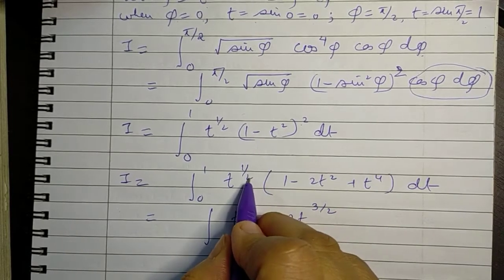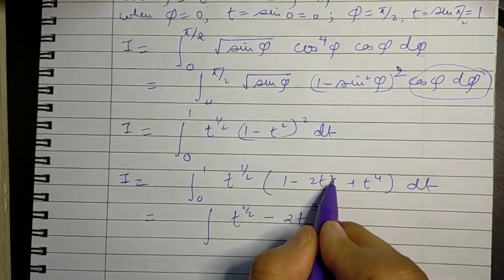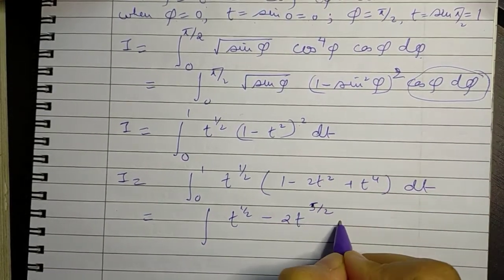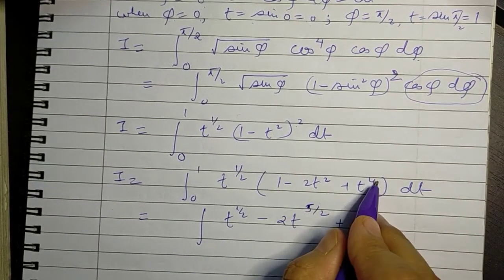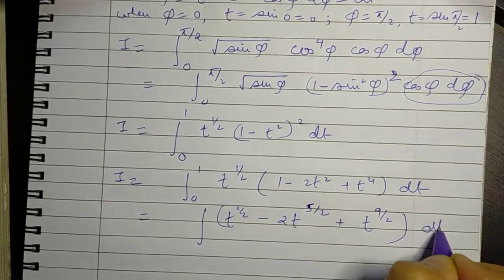No, half into t raised to half into t raised to 2, so that is 4 plus 1, 5 by 2, plus t raised to half plus 4, which is 9 by 2, into dt.